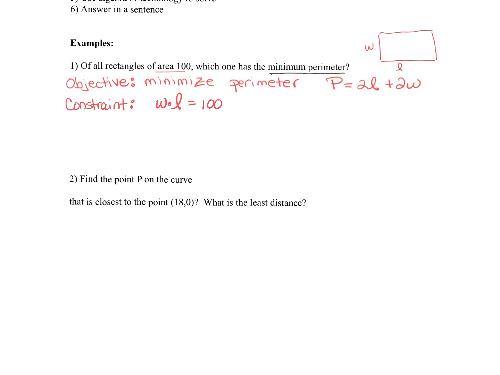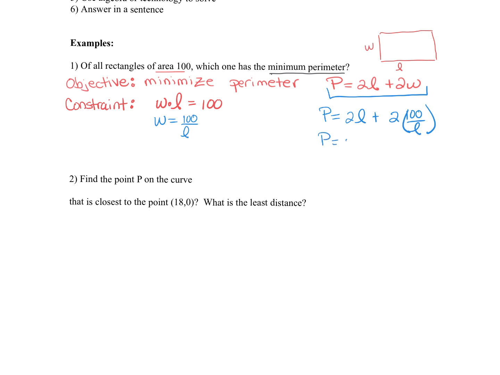Now we want this objective function in terms of either L or W, but not both. So I'm going to take this here and solve for W and get 100 over L. And I now have the perimeter is 2L plus 2 times 100 over L. And I have a function in terms of just one variable.